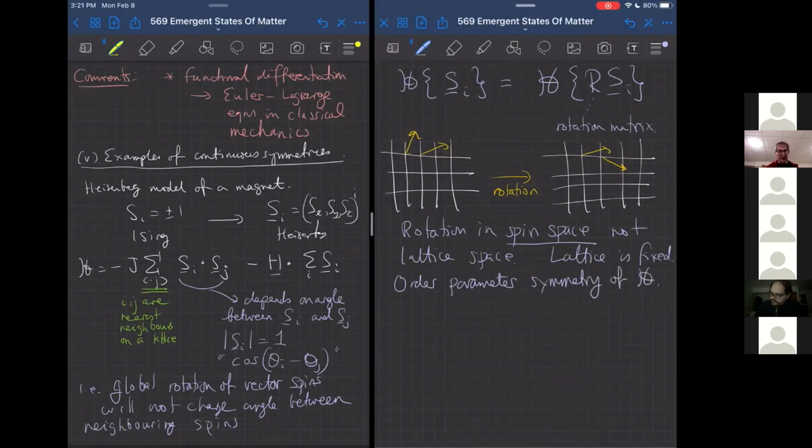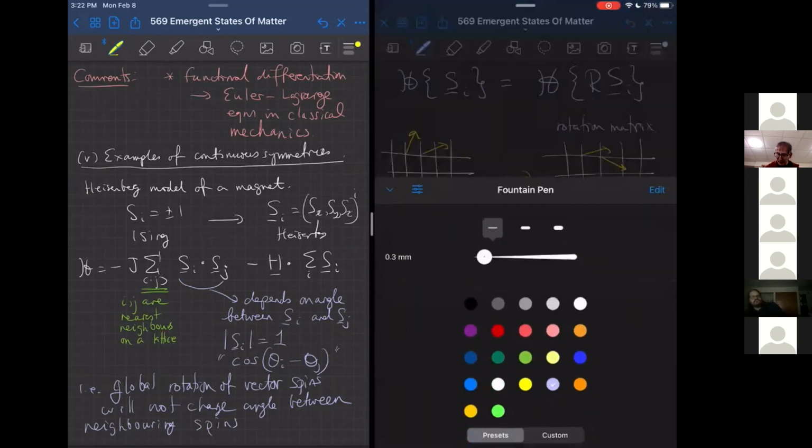So we say that the Heisenberg Hamiltonian has rotational symmetry, but it has rotational symmetry in the order parameter space, not in the lattice space or the physical space. Okay, so that's where I want to finish for now.